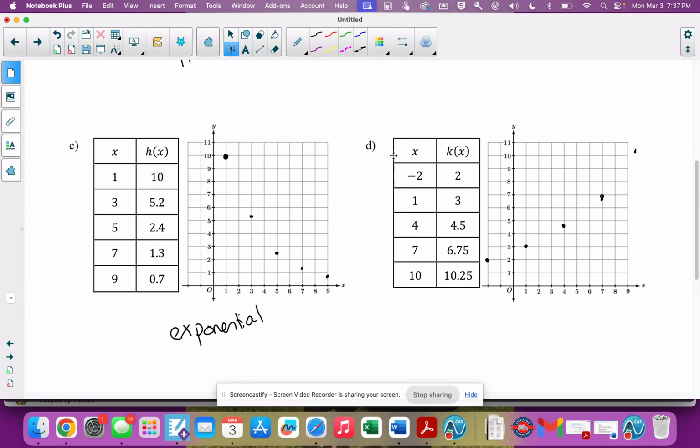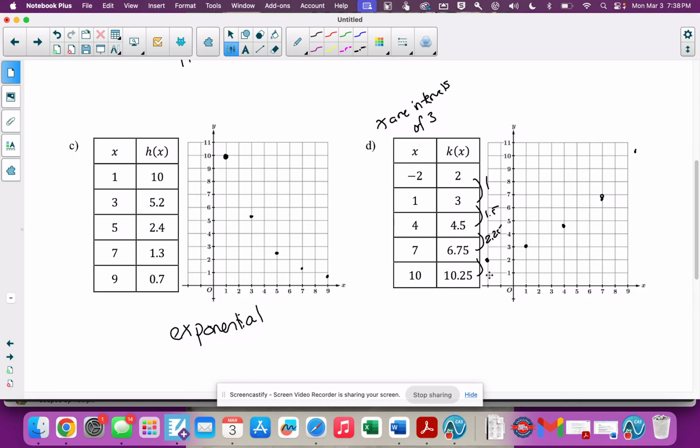Oh, no, never mind. We have the x's are intervals of 3. So we could actually do our differences since they all match. They are those equal length input intervals, right? They're all intervals of 3. So we could find the differences. So 3 minus 2 is 1, 1.5. That would be 2.25 maybe, I think, 2.25.